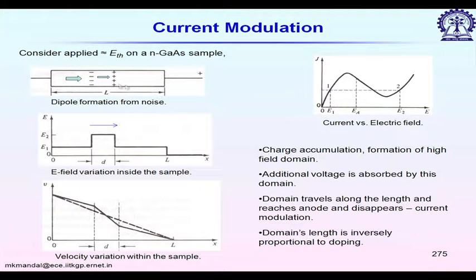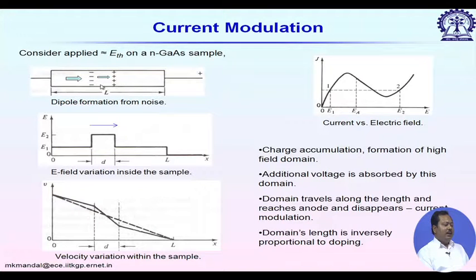Initially it is uniform throughout the material, but if there is accumulation of electrons here, the resistance will increase, and as a result the electric field across this filament will suddenly increase, and it will keep on increasing because the electron will start moving to the second conduction band, and now we have a dipole formation somewhat like this, and then because of the applied electric field it also drifts from left hand side to right hand side.